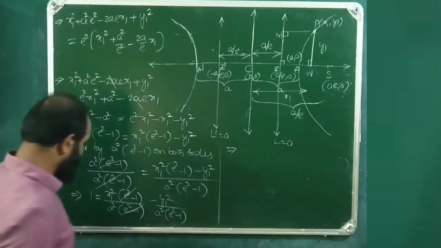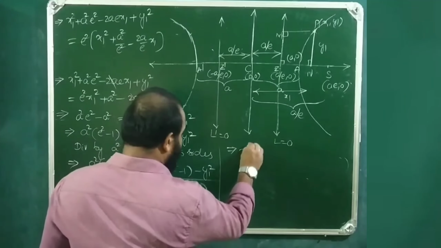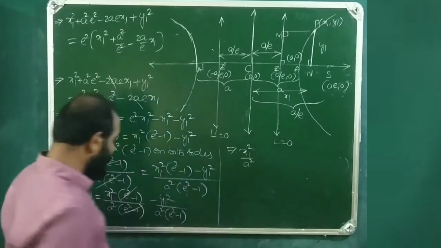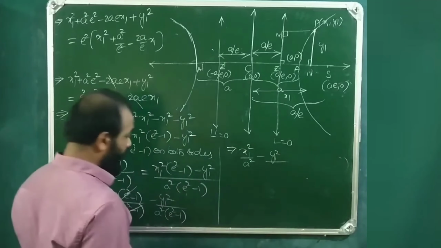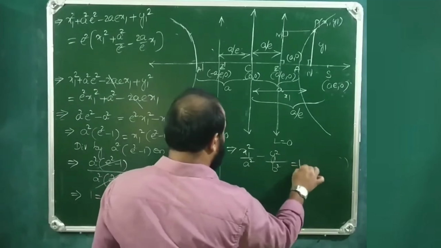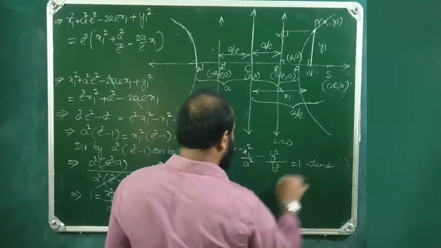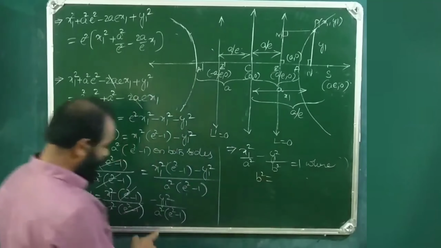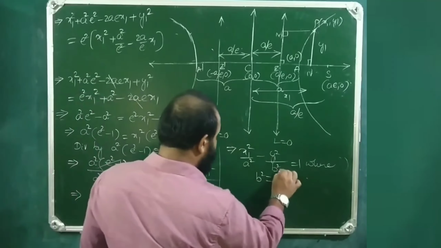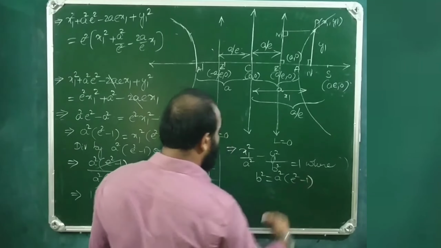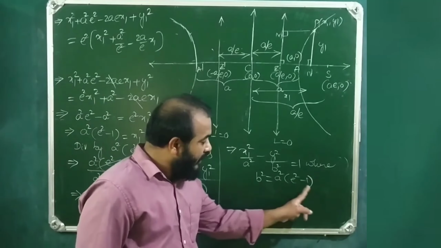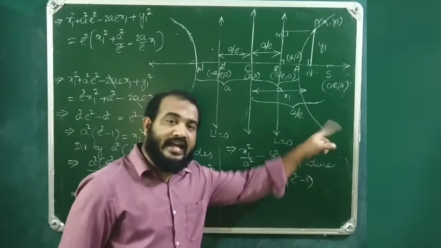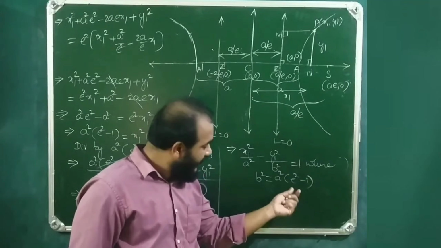This implies x1 square by a square minus y1 square by b square equals to 1, where b square is equal to a square into e square minus 1. Remember, this b square equals a square into 1 minus e square is what we got earlier in ellipse. But here we get e square minus 1.